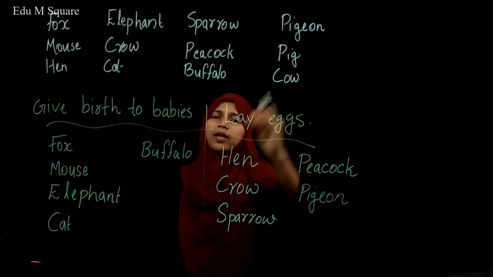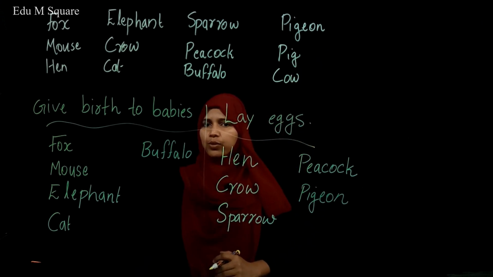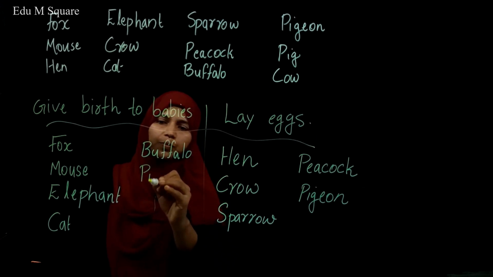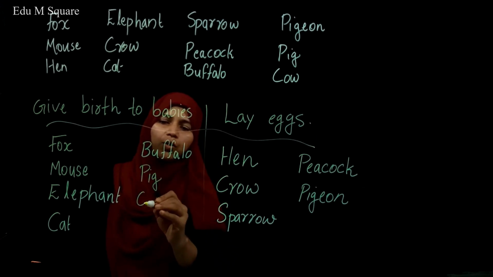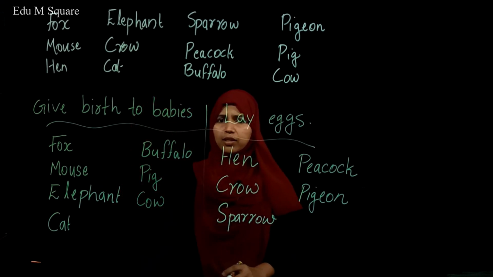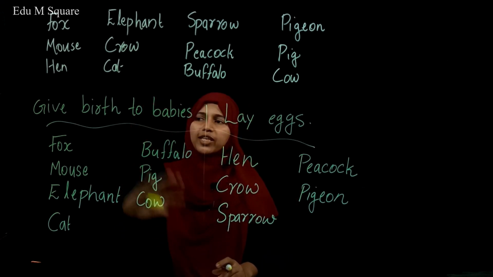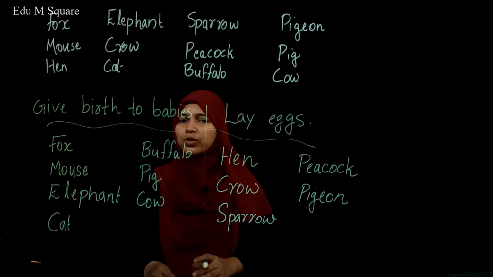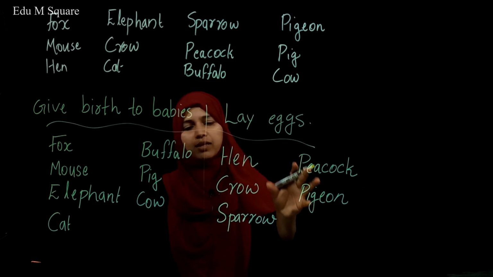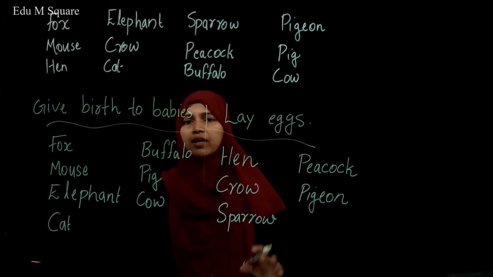And what about the pig and cow? They give birth to their babies. The pig and cow come under this category, don't they? So these animals give birth to their babies, while these others are laying eggs.